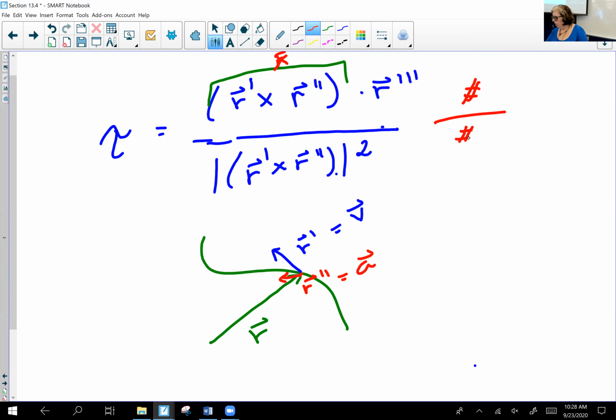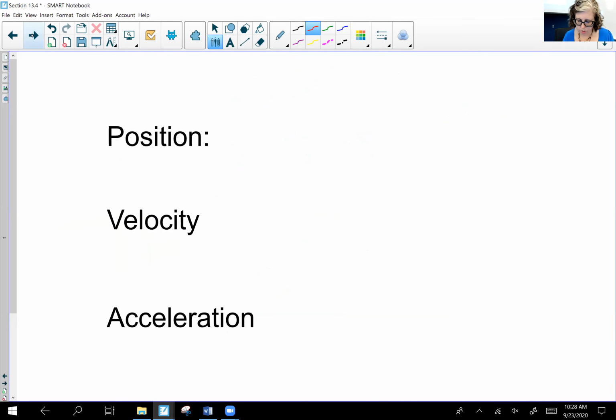So torsion is strictly a scalar; there isn't any direction to it. This led us into what we're going to do today when we look at position, velocity and acceleration vectors.